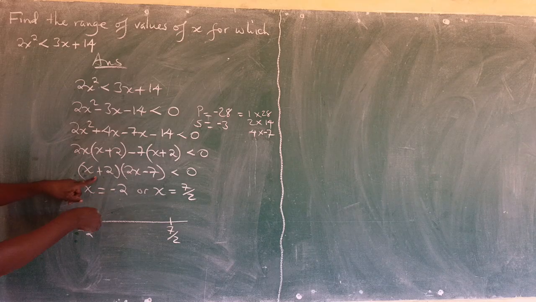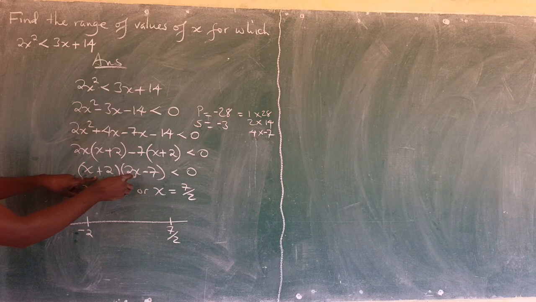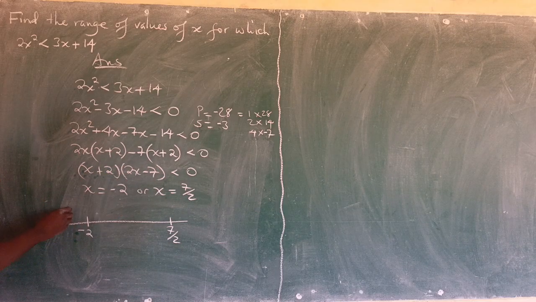The whole value here will be negative 1. We put negative 3 there. That gives us negative 6 minus 7, that's minus 13. Then the negative and the negative gives us positive. So if we get a positive value, it is not less than 0. So that means this side is not part of the solution that we want.